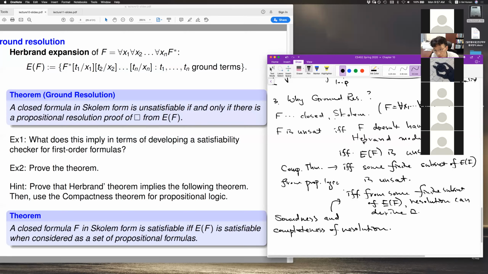And so both of these are really reasoning steps in propositional logic. And that was possible because we got rid of all the quantifiers, and we now end up dealing with just closed quantifier-free formulas of first-order logic. Okay, so then the remaining step is this guy. So this is what we proved. It's a Herbrand theorem.